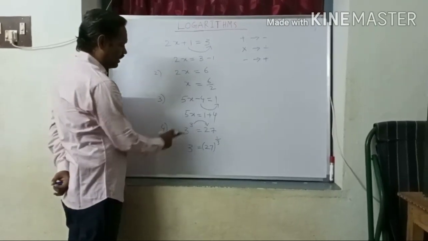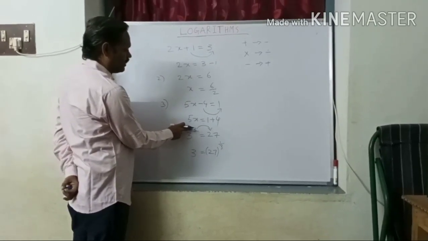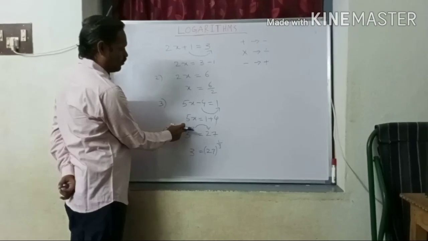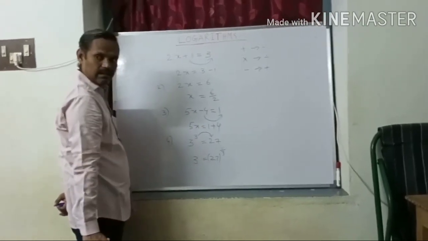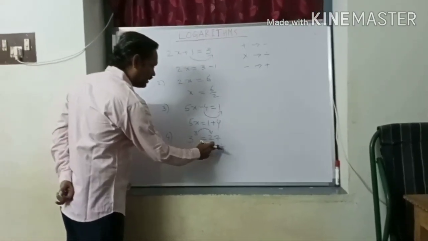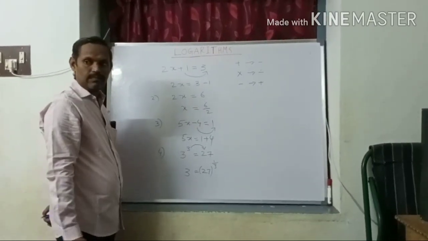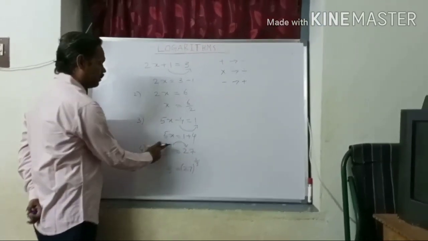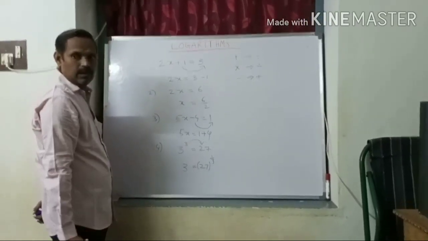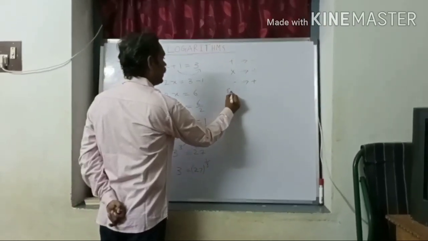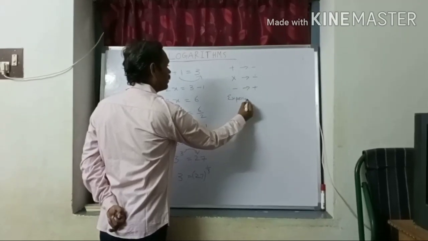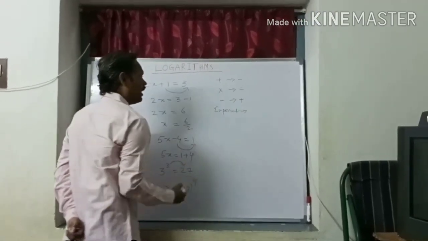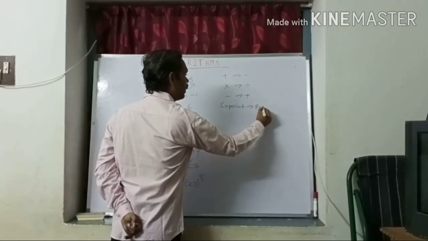So what we understand is that if an exponent is transposed from one side to another side, it again appears as an exponent, but the change is that it takes its reciprocal. 3 becomes 1 by 3. So if you transpose an exponent, it is converted to its reciprocal.